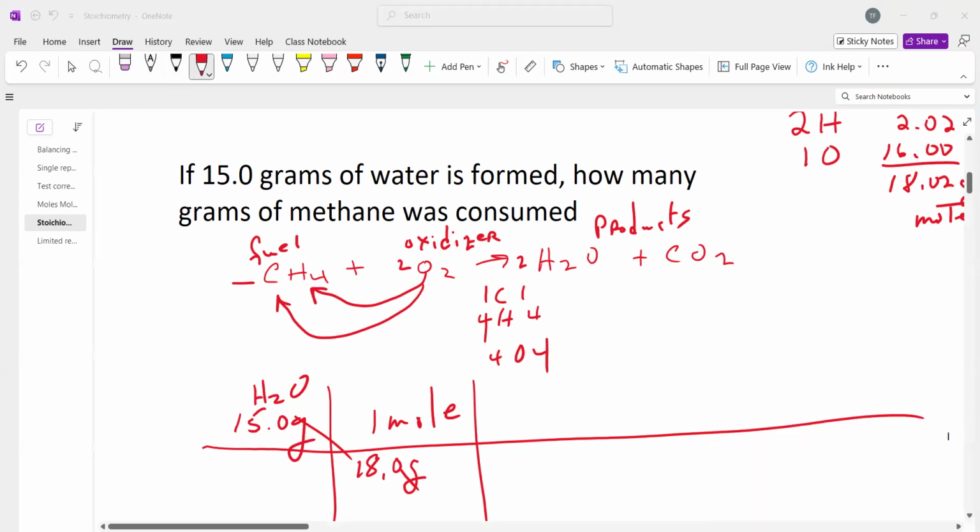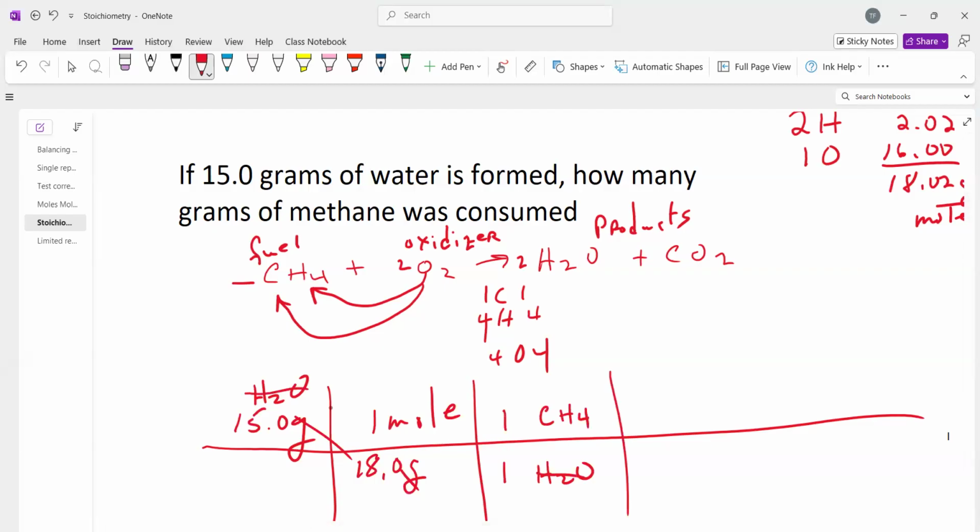So the moles of water has to cancel. Notice how the water cancels. So it's just like our normal setups. Cancel everything except what you're trying to calculate. That gives us moles of methane, but not grams of methane.